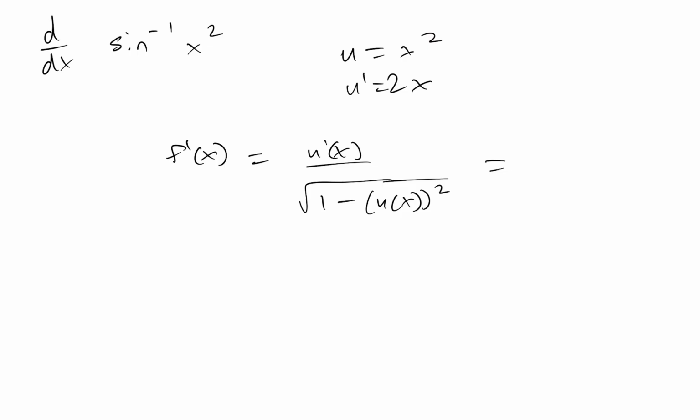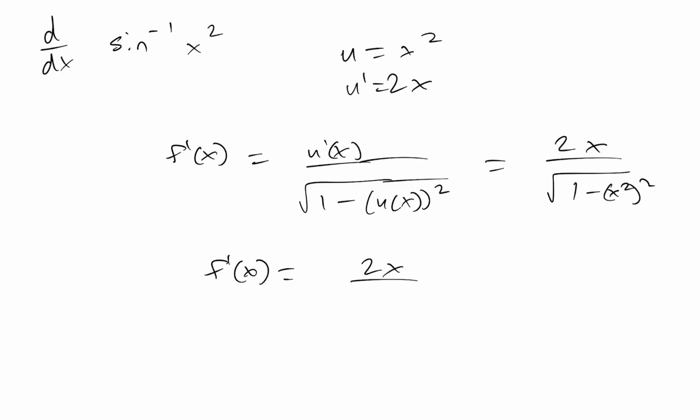When we substitute the values in, this is going to be equal to 2x over the square root of 1 minus x squared squared. And then we can simplify this to give us 2x over the square root of 1 minus x to the power of 4.